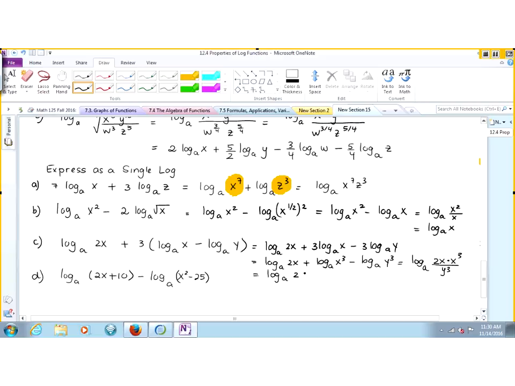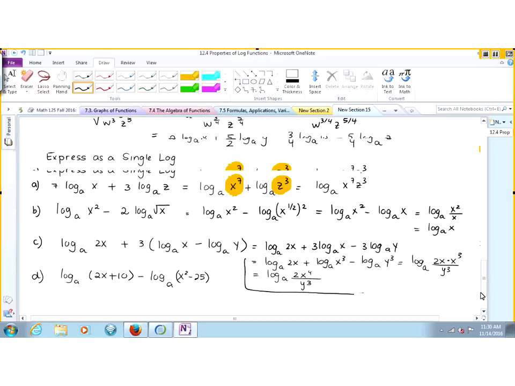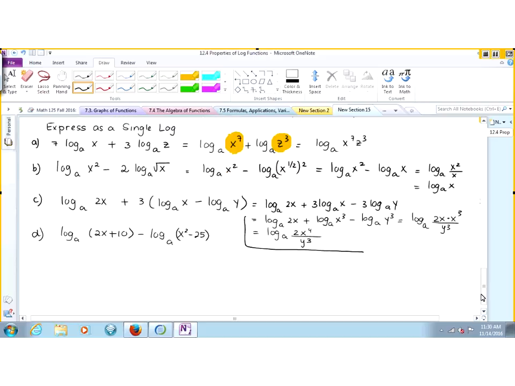Yes. So this is log base A of 2x to the 4th divided by y cubed. So this is this part. Are we okay so far?